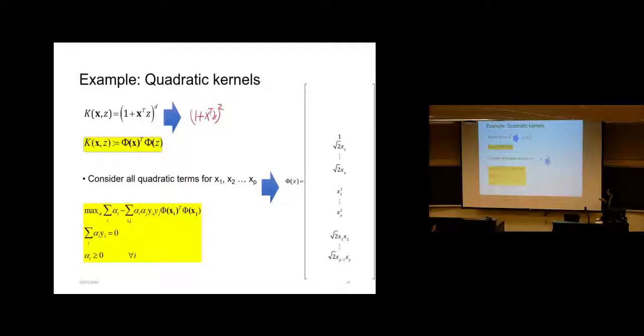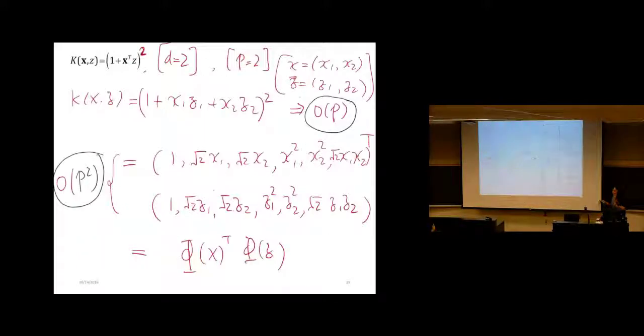So now let me give you a very concrete case: this (1 plus x transpose z) quadratic, the polynomial kernel. In fact, the polynomial kernel matches a phi-x that has all the elements like this: 1, the x1 linear term, the quadratic terms, the pairwise interaction terms, and it goes on until it's really long. You can prove it for the polynomial degree 2 case. In this case, we have 2 features.